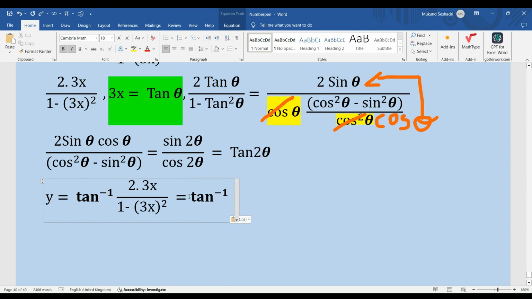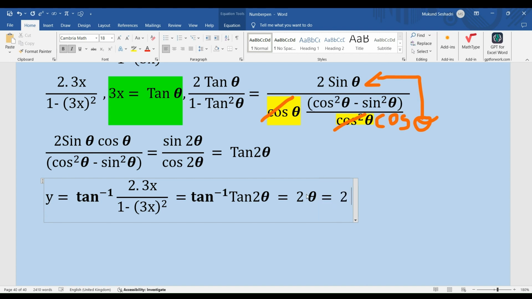Tan inverse of tan 2 theta, which is nothing but 2 theta, right? So my y equals 2 theta, which means my theta is nothing but tan inverse of 3x, right?